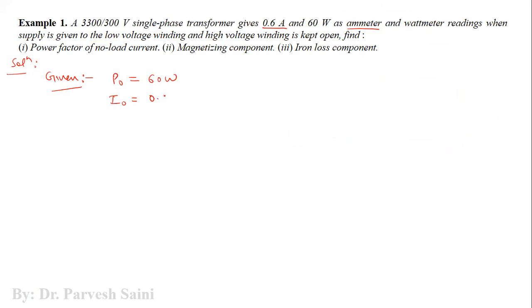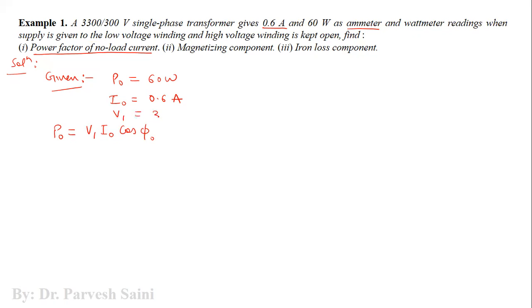So it is 0.6 ampere. Now we have to find out the power factor of the no load current. So the power is given by V1 I naught cos phi naught.